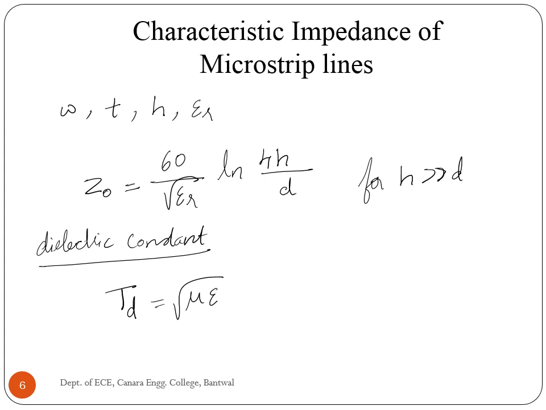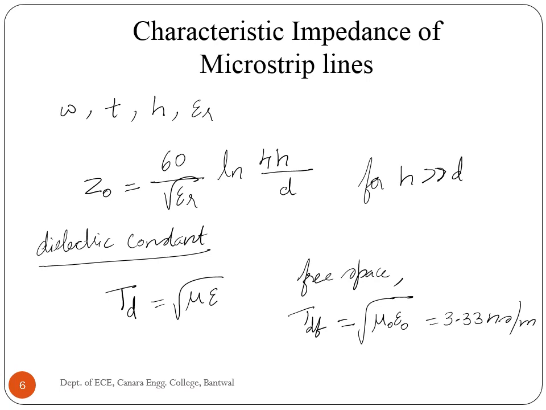In free space, the propagation delay time is root of mu naught epsilon naught, which is equal to 3.33 nanosecond per meter. Propagation delay time for a line in a non-magnetic medium is 1.106 root of relative dielectric constant of the board material.